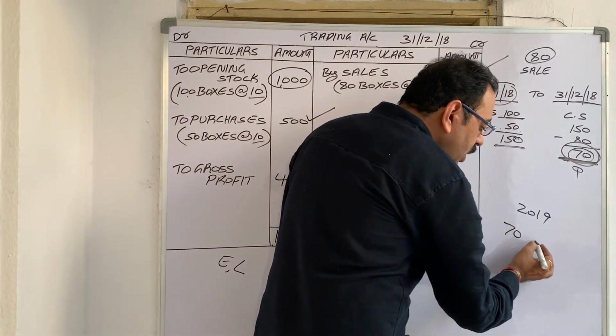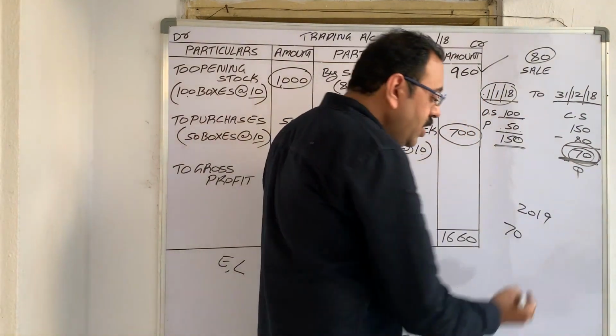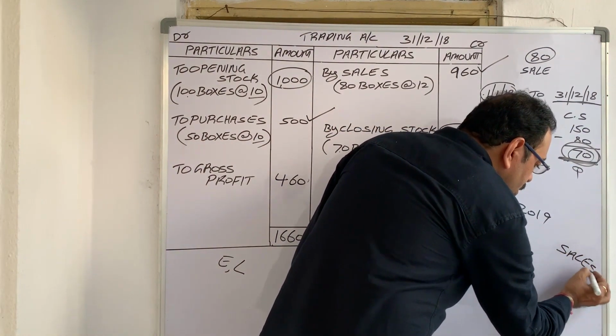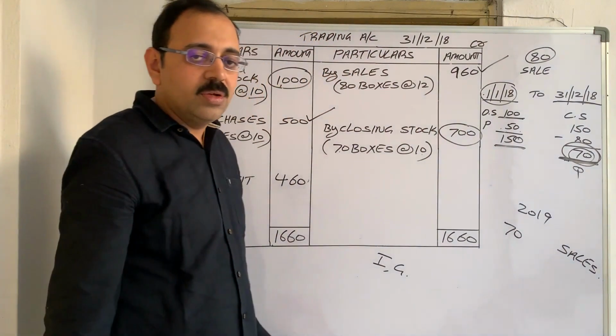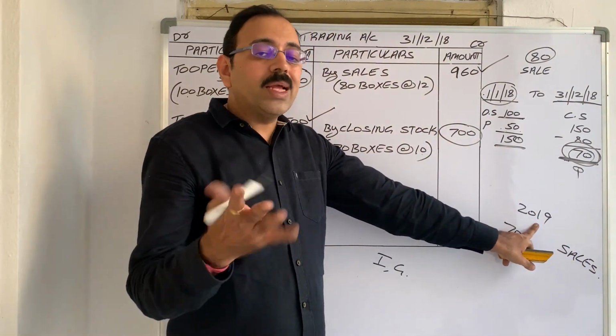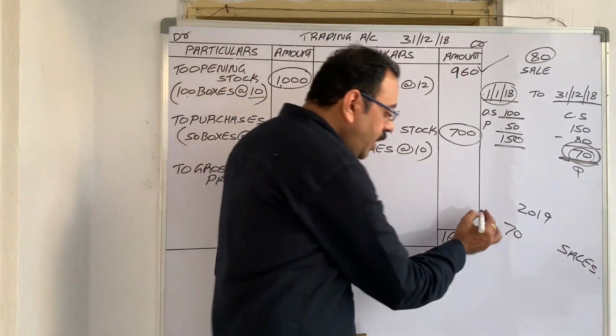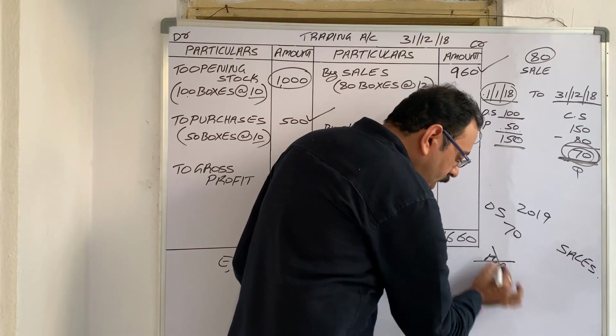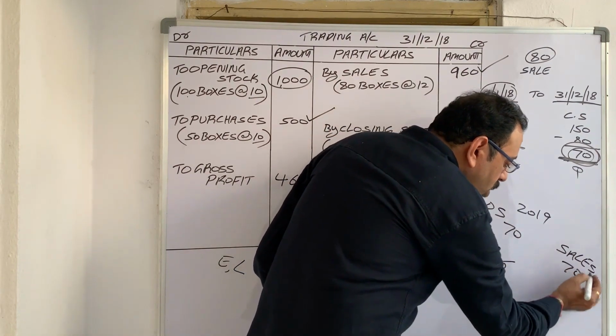These 70 boxes we sell. Then in 2019 sales amount we credit to trading account. But assume in 2019 there are no extra purchases. Opening stock is 70, purchases are nil, and these 70 boxes we sold.